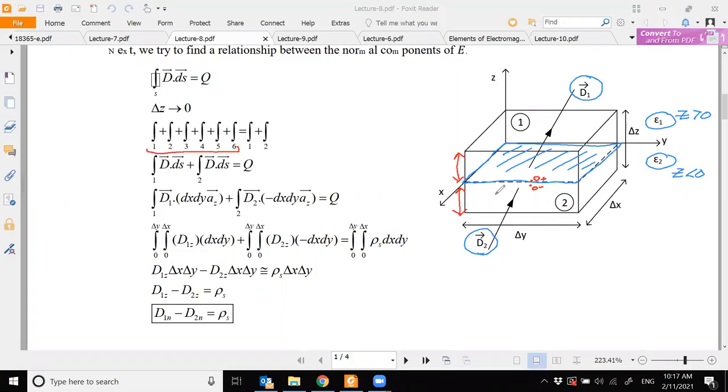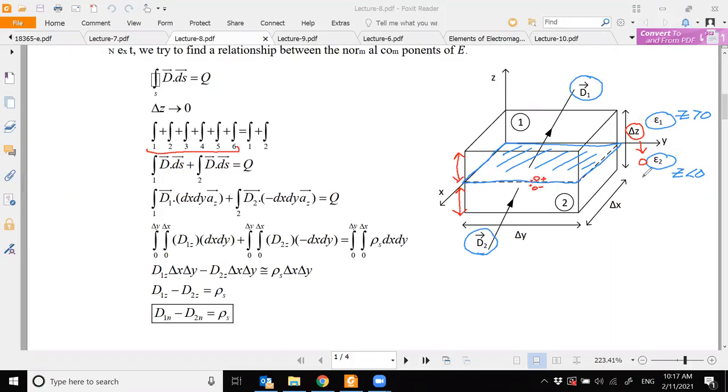But now since we want to look only at the boundary, in order to bring our cuboid to a volume near the boundary, I have to allow delta z to go to 0, right? Then only I will be near this boundary.